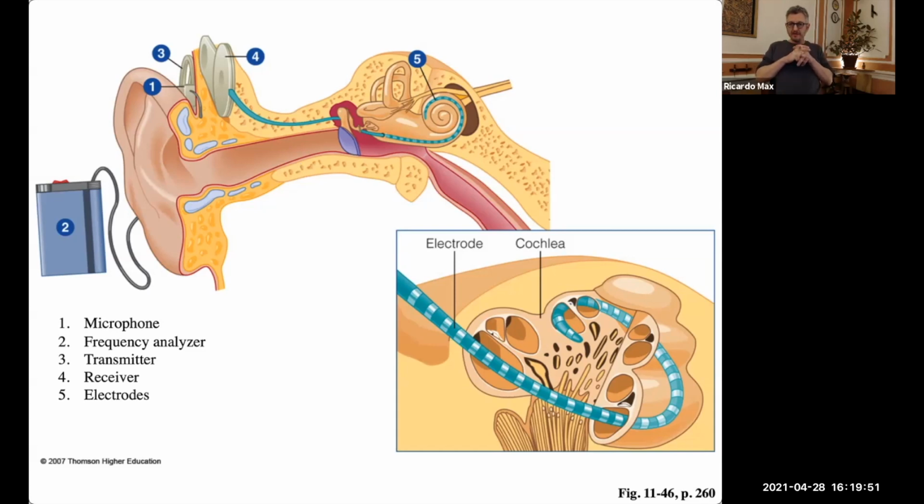And the receiver sends, according to the frequencies analyzed, electric signals to this long wire that is full of electrodes along its length, implanted inside along the rolled up cochlea. How, you ask me, do they implant it inside the cochlea? I think very carefully.